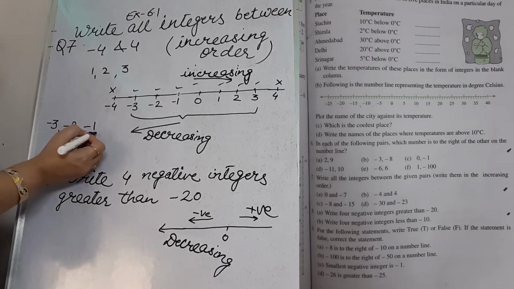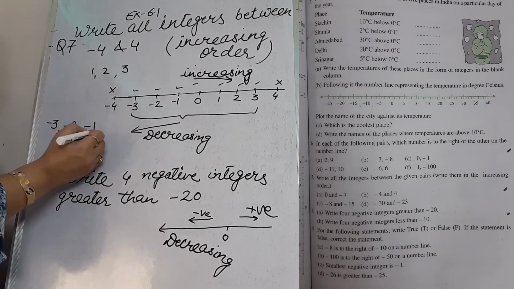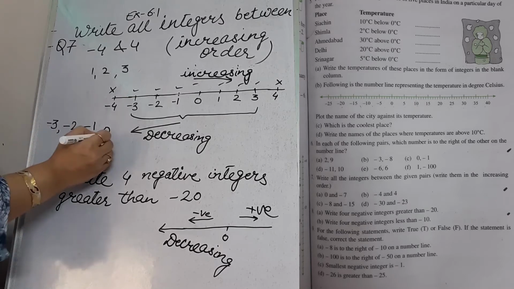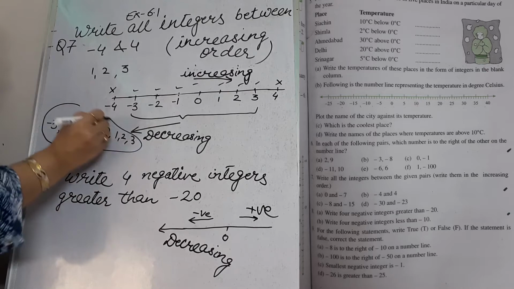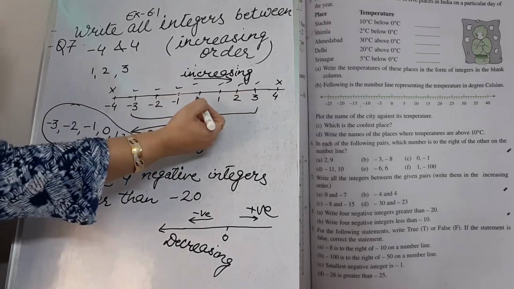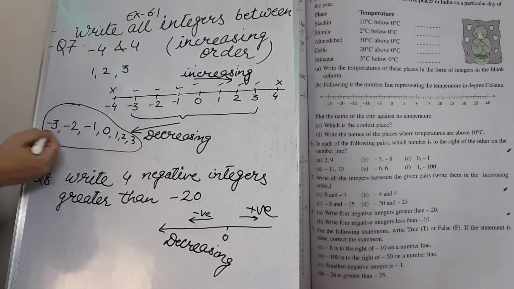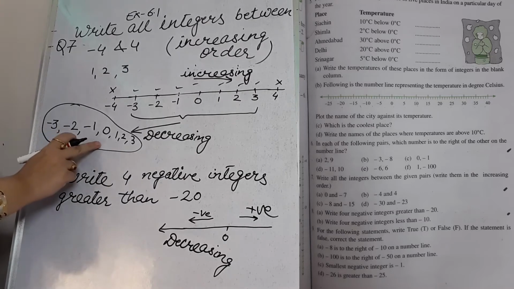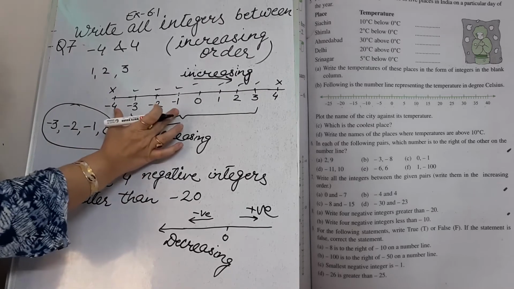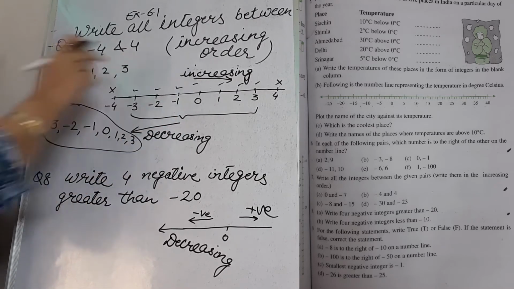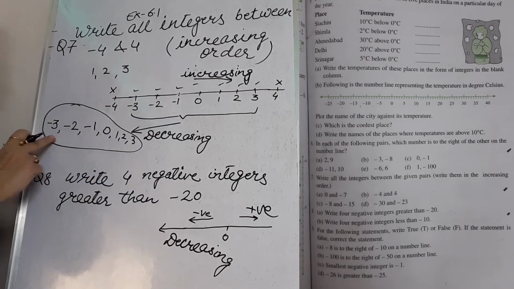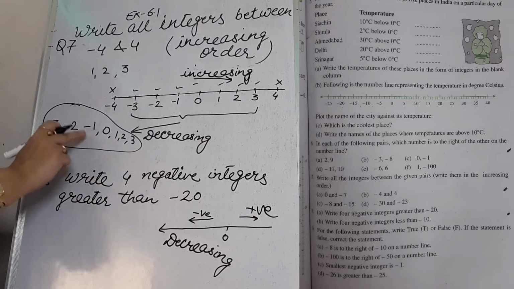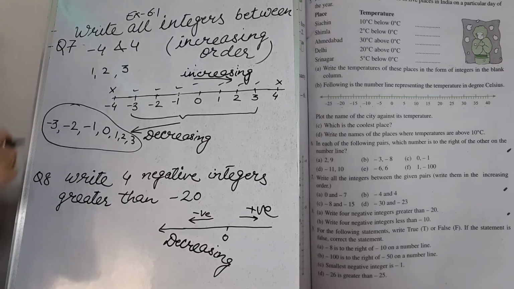These are in increasing order. After that 0 will come and after that I will write 1, 2 and 3 because positive integers are already in increasing order. I have to arrange in increasing order, so answer would be like this. Be careful, in negative integers -1 would be the greatest integers. So be careful while arranging in increasing or decreasing order.